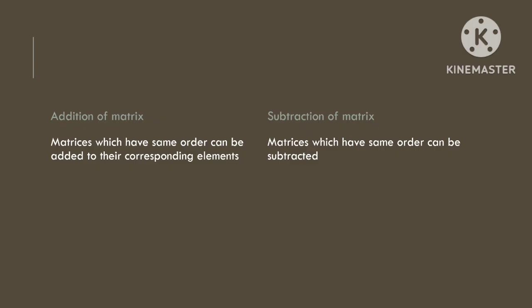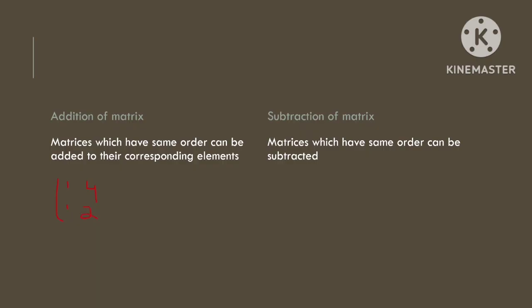Next, addition of matrix. Two matrices can be added if they have the same order, and each element is added to the corresponding element only. Cleared? Okay, for example, 1, 4, 1, 2.